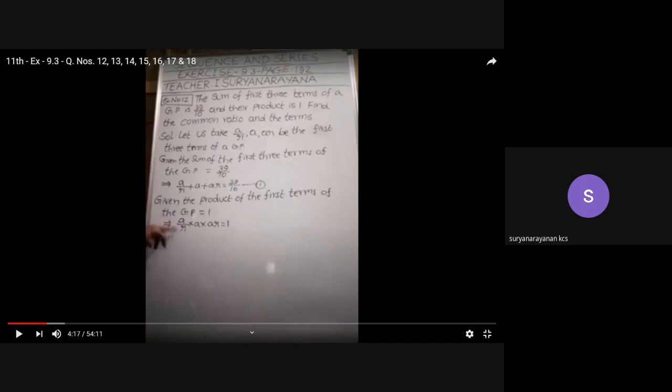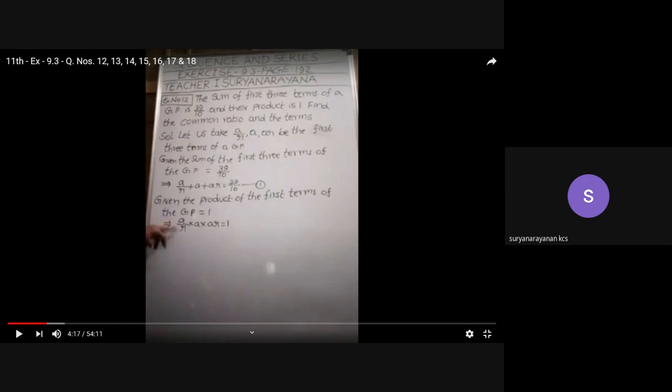Suppose you want to select four terms in an arithmetic progression, then what will you select? a minus d, a plus d, a minus 2d, a plus 2d. Like this, I have given a table also.